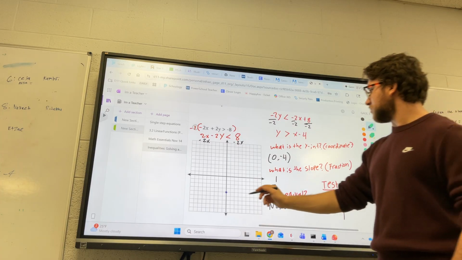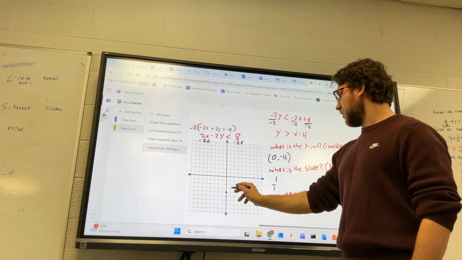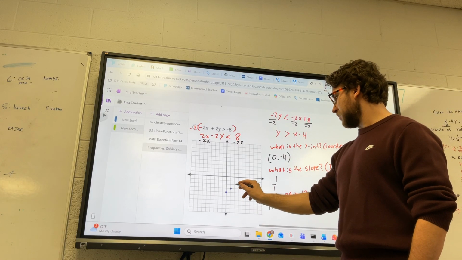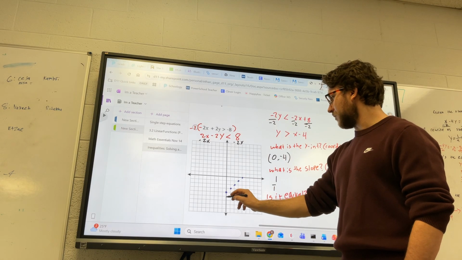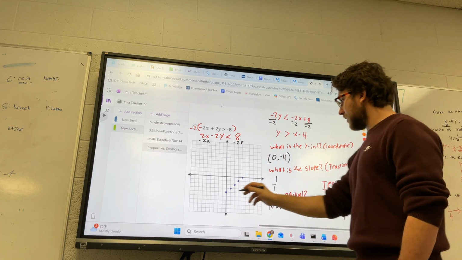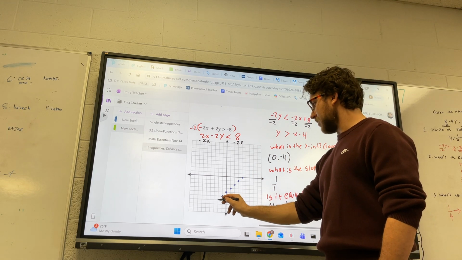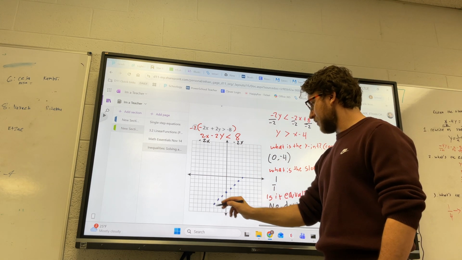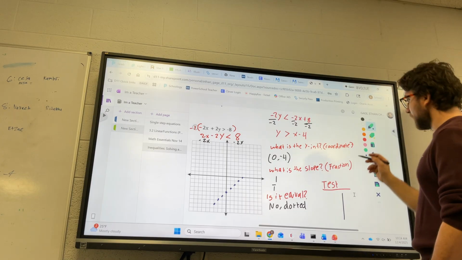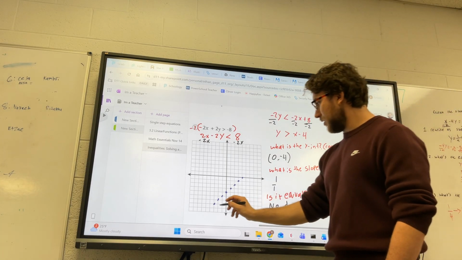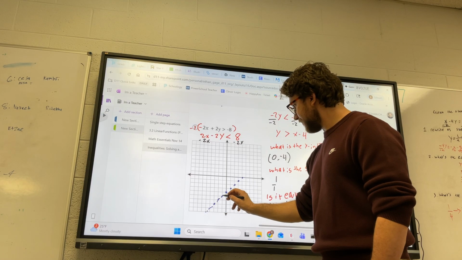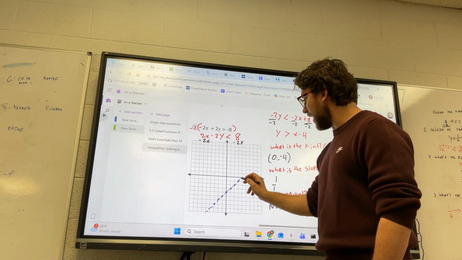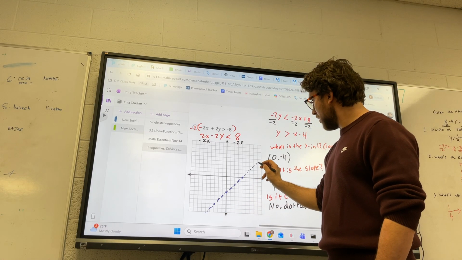Then we're going to start going up 1, to the right 1, to the right 1, and down to the left, down to the left, so on. So our graph will be dotted. There's not a solid line that goes through this.